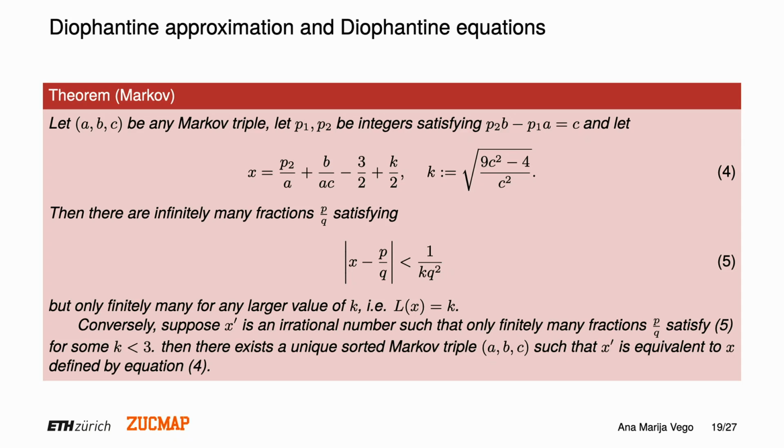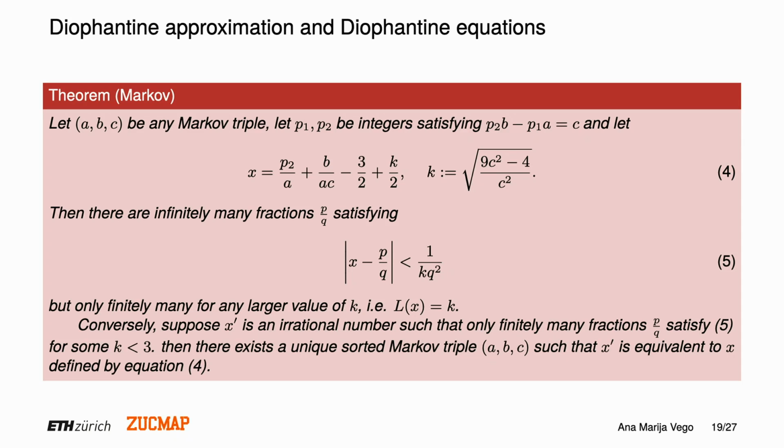He says that there are infinitely many fractions satisfying this inequality we were looking at the whole time: x minus p over q smaller than 1 over k times q squared, for this x given up there in the setup. But there are only finitely many for any larger value of k.